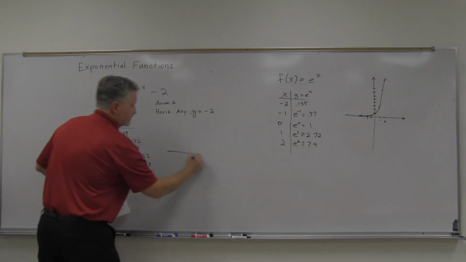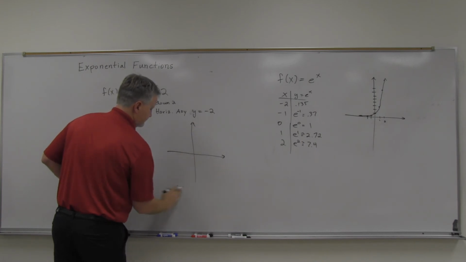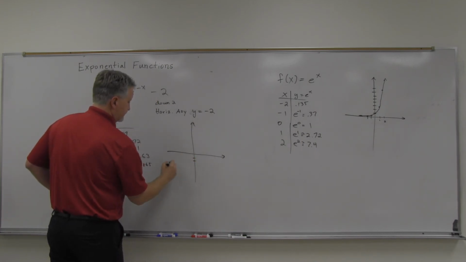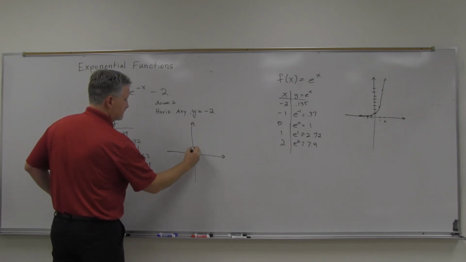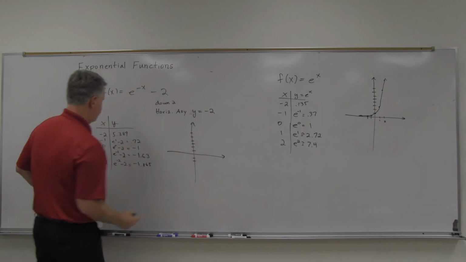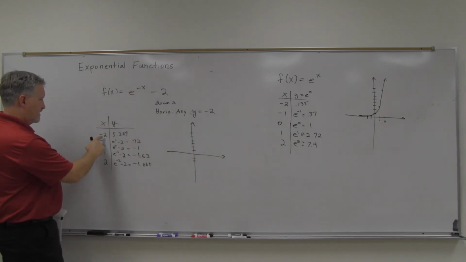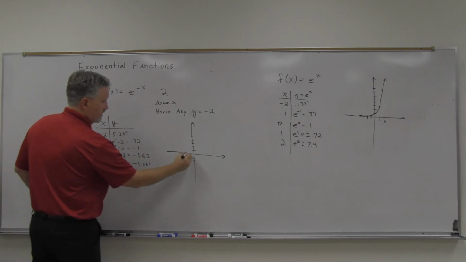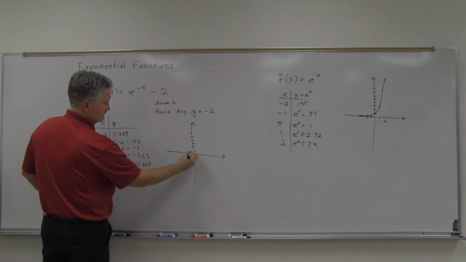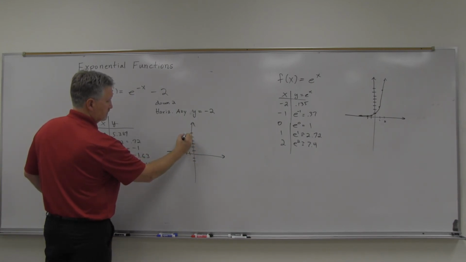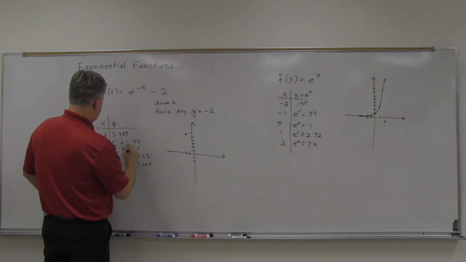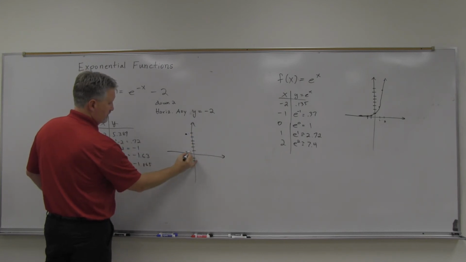Yeah, so all that shows you got your horizontal asymptote down there at negative 2, but it's decreasing, right? Negative 2, we're at 5.3. Negative 1, only 0.72, 0, I'm at negative 1.